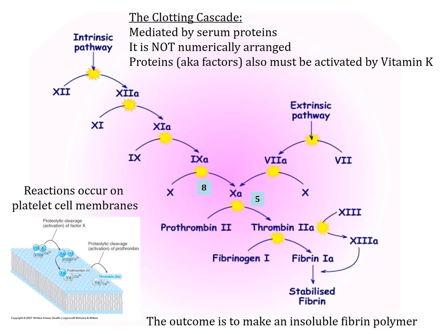The clotting cascade: platelet activation is mediated by platelets and platelet activation factors, and the clotting cascade is mediated by these serum proteins, which are all named by some Roman numeral. The reactions don't happen in order, so it's not numerically arranged, so don't try to look for any kind of numerical sense in this.